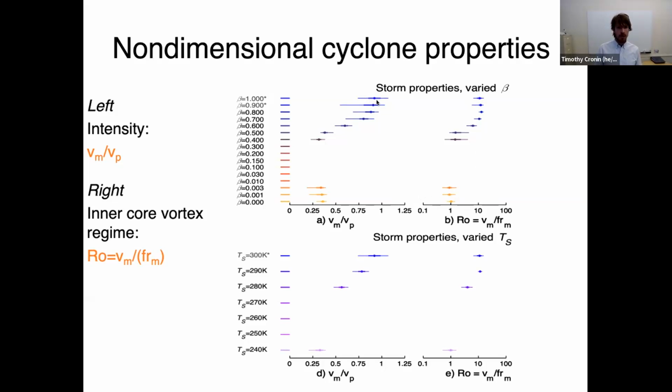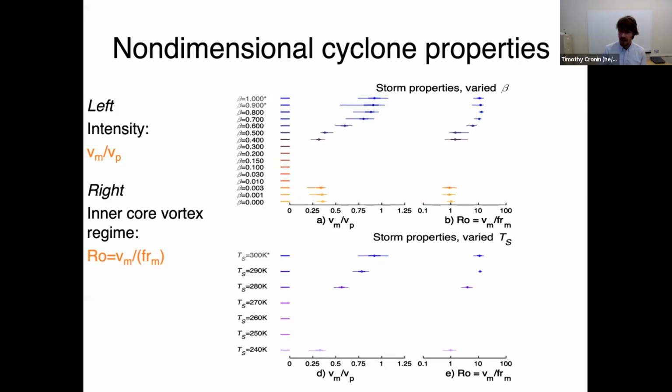So in both the case of varying surface wetness, shown in the top panels here, and varying surface temperature, shown in the bottom ones, the transition in these two non-dimensional parameters from moist storms to dry storms, or on the bottom, warm storms to cold storms, which are also effectively dry, is mostly gradual, with most of the transition in both of these parameters, the ratio of maximum to potential intensity and the inner core Rossby number, happening before you get to this area where storms don't spontaneously form.